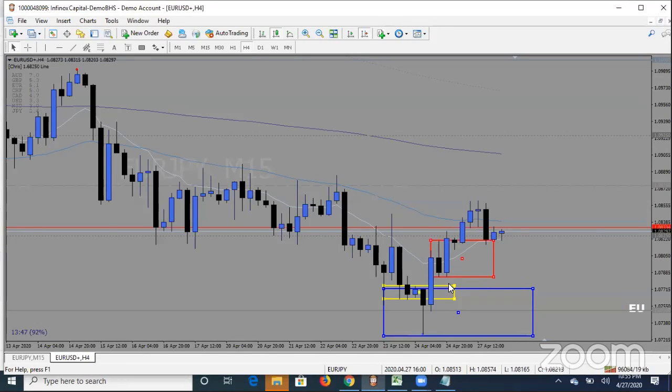Now, because I didn't have a retest of this and I had a new high, this was my retest of this order block, and this was my bullish move. Right about now, price is retesting this order block again. And what we'll be expecting is for price to make a rally, taking out this, right?